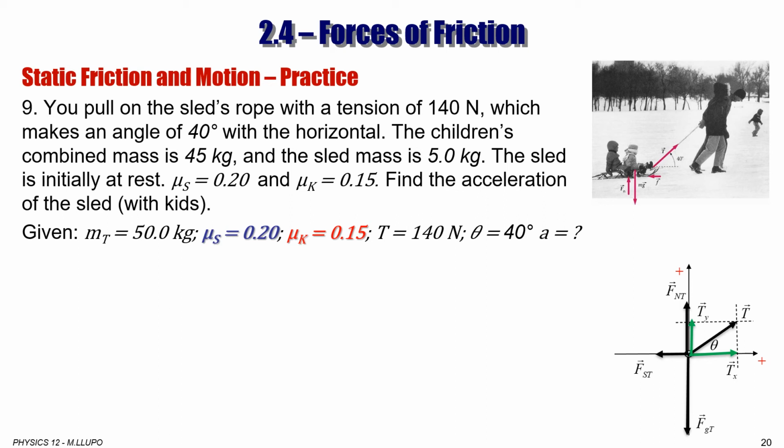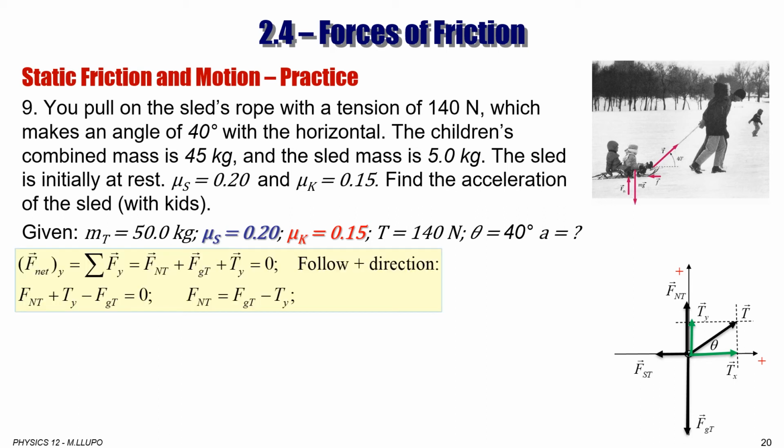You do that as you practice more and get more confident with drawing a free body diagram. So on the y-axis, we don't have any motion up or down. So then the first Newton's law is applied. Fnet is 0. So Fnet is equal to the sum of all forces. We have 3 forces.